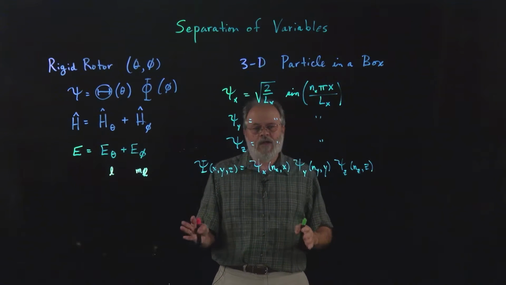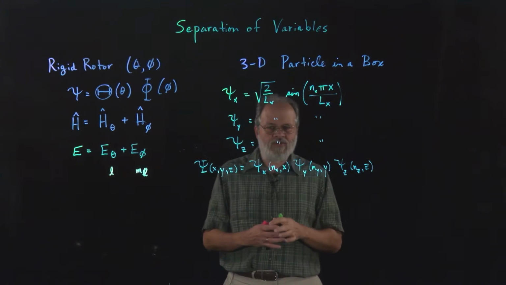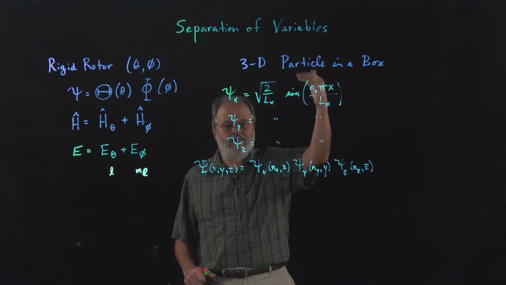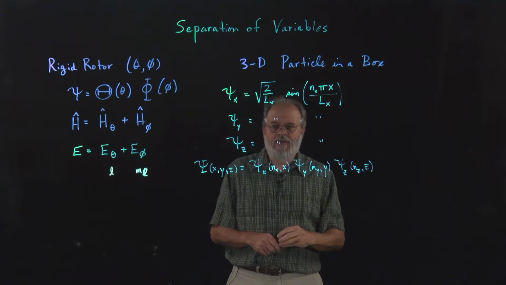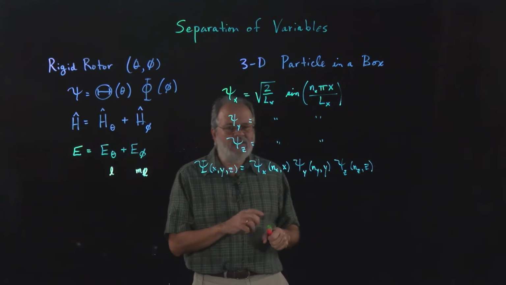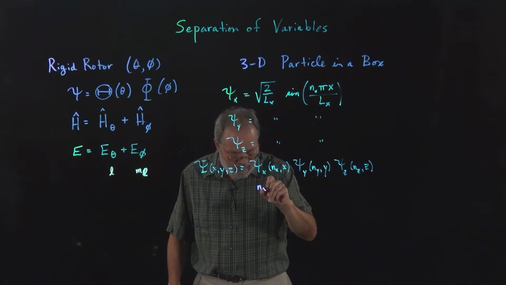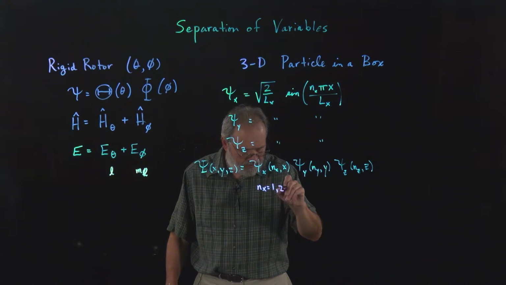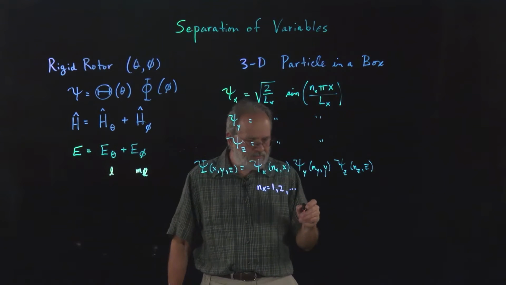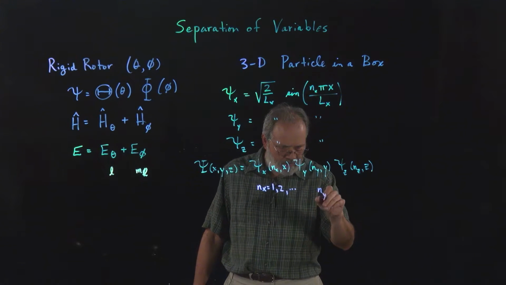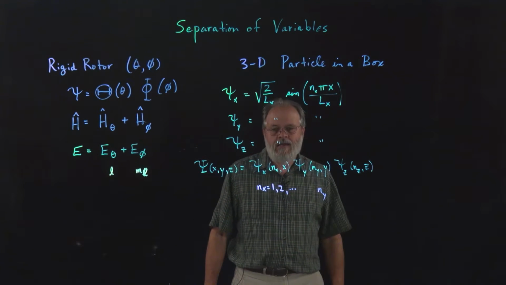Now what about the quantum numbers? The math for every individual coordinate is all the same, so they're more or less independent of each other. Just like nx goes from 1 to 2 to 3, etc., up to infinity, so does ny independently of x.